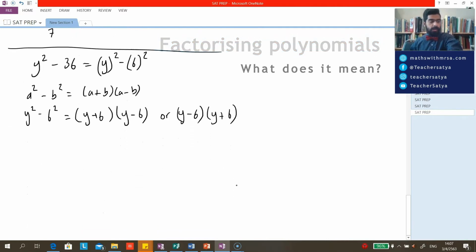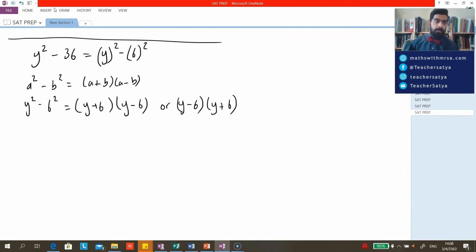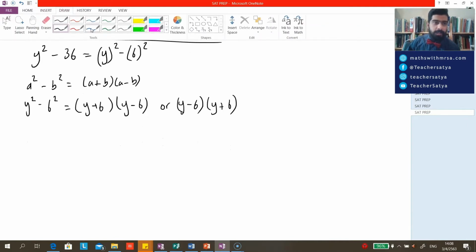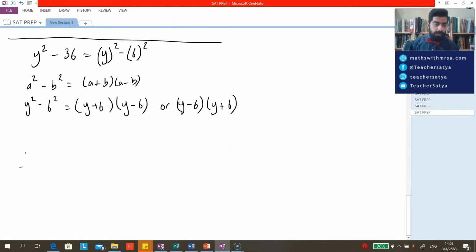Let me change the color. Let's say I have 9x squared minus 25. This I can write as 3x to the power of 2, because 3 times 3 or 3 to the power of 2 will give us 9, and x to the power of 2 is x squared, minus 25.